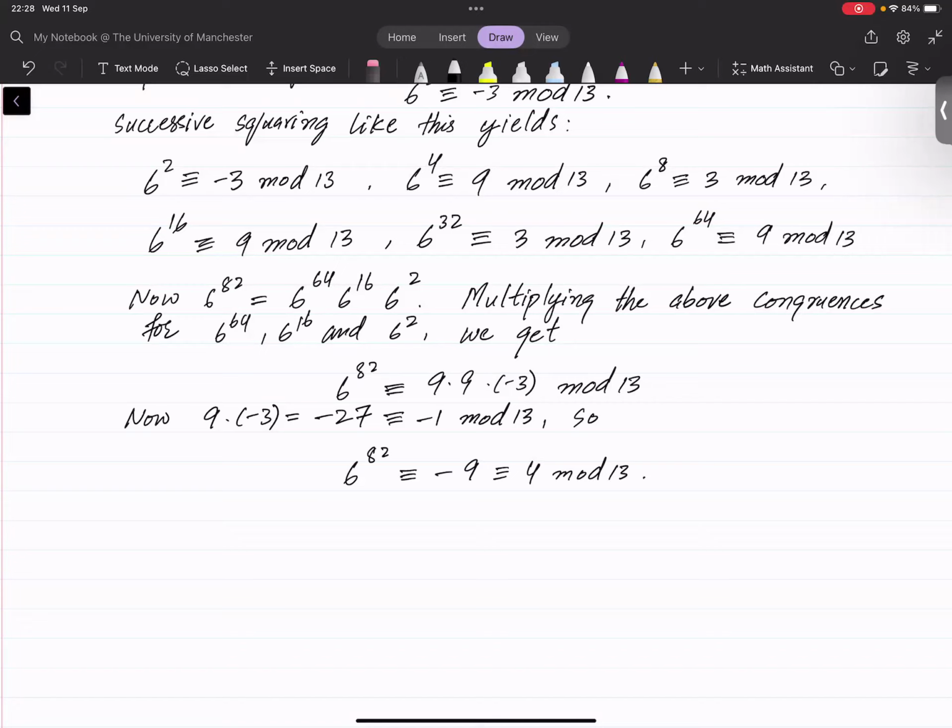Hence, the required remainder is 4. Now, why is minus 9 congruent to 4? Because if you add minus 9 to 13, you will get 4. So that is how the remainder works.